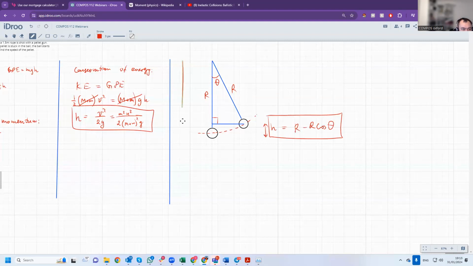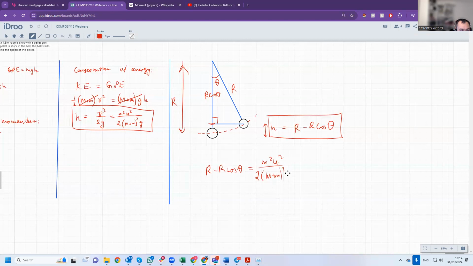The whole thing is r, and this is r cos theta. So the height, this little bit, is r minus r cos theta.